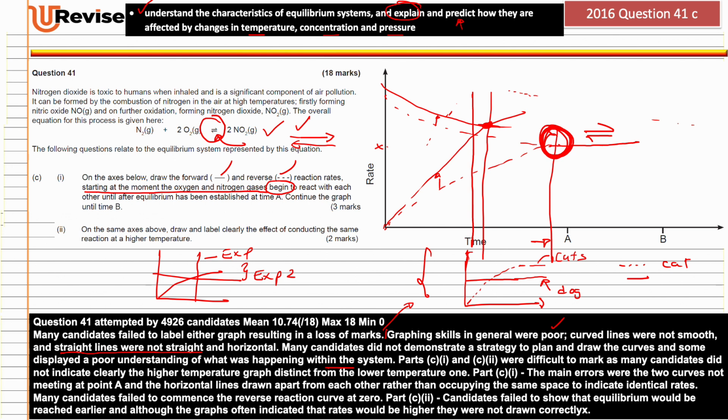Okay, so we are looking at, okay, if I increase temperature, the rate is going to be higher. So how do I illustrate that, and how do I show that using the graph? Okay, now let's move on and actually look at the solution that was supposed to be presented to the examiner here.